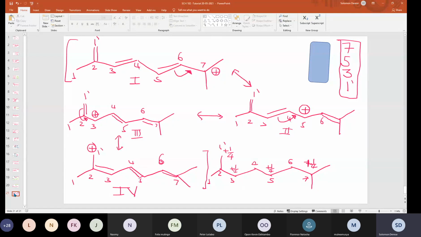As you can see, number 2, number 4, number 6, and these other carbons, they don't have a charge, because the charge through resonance did not go to those carbons. They're neutral. But the positive charge, that plus 1 charge on the molecule, is shared by 4 carbons. Carbon number 7, carbon number 5, carbon number 3, and carbon number 1 prime.